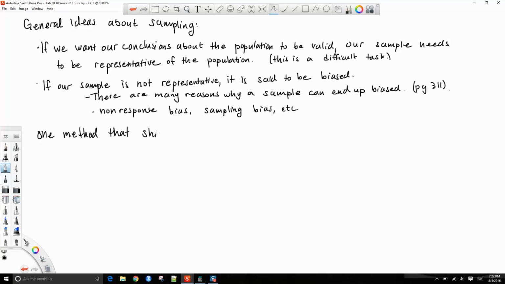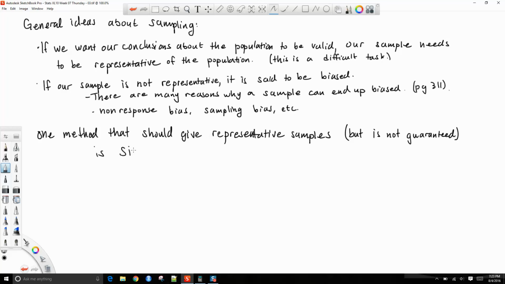Maybe. So one method that should give representative samples, okay, but is not guaranteed to, is simple random sampling. Or we might call this SRS.